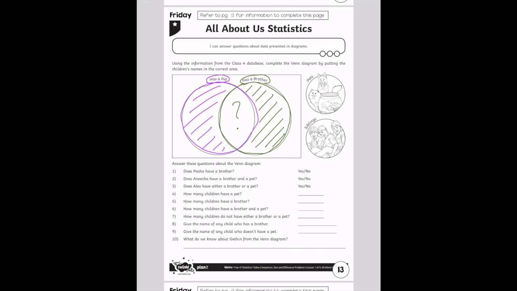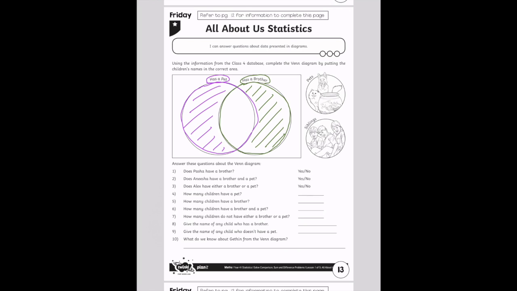Well, this section is for those who have both, because they overlap, right? The two hoops are overlapped in this area. So these are for people who have both a pet and a brother.